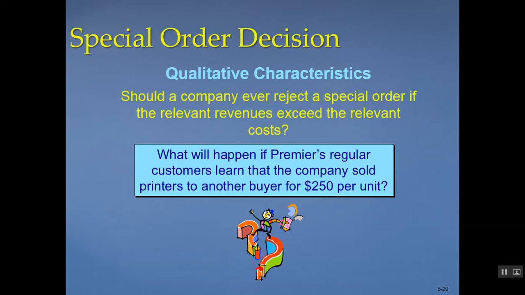Most customers would ask for the same price, but we know that we can't sell all of them at $250. Special order customers should come from outside of the normal sales territory, and they should be advised that the special price does not apply to repeat business. So you need to consider the qualitative characteristics and the impact on your current customers before you determine whether or not you want to do the special order, even if it is profitable.